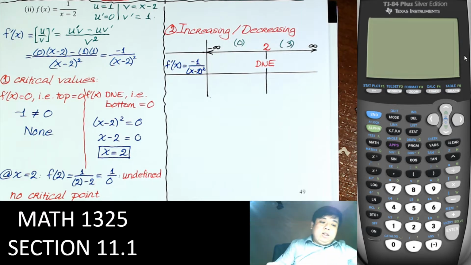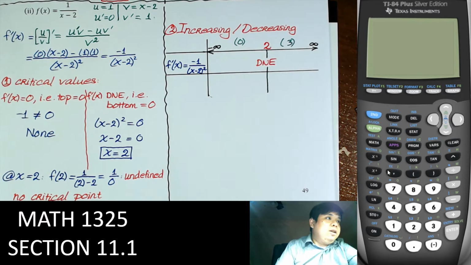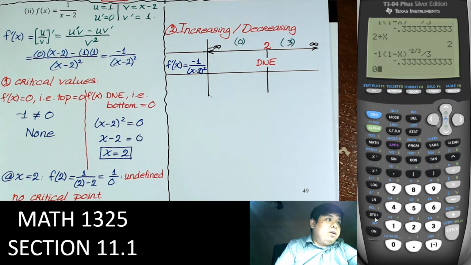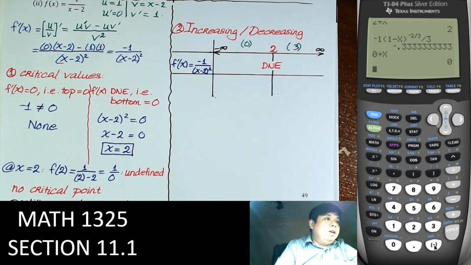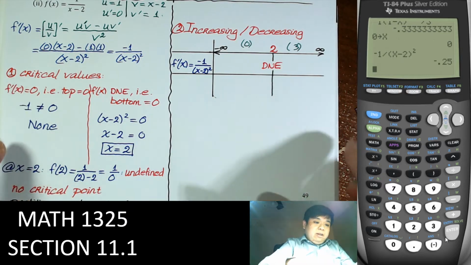And then substitute into the derivative. Right. So we have 0 for x, and the derivative negative 1 divided by (x minus 2) squared. So that is negative.